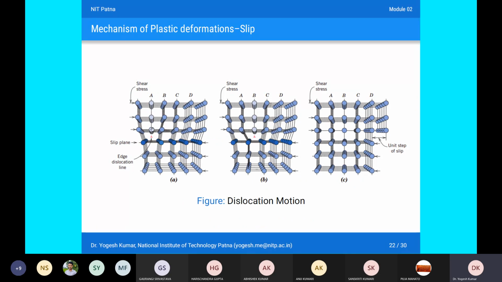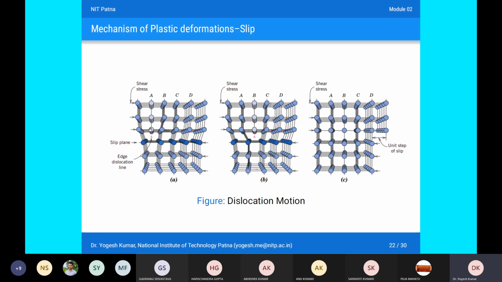This exists here, and suppose we are applying shear stress like this. The shear stress has been applied here, in this particular plane of atoms, and since this extra half plane is up to here, there are possibilities that this particular atom gets connected with this atom.